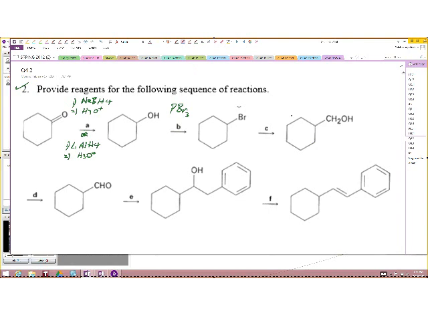So your Grignard will be this part here. And this part here will be your formaldehyde carbonyl. So you start with cyclohexyl Grignard, step 1. And then step 2, you add formaldehyde.